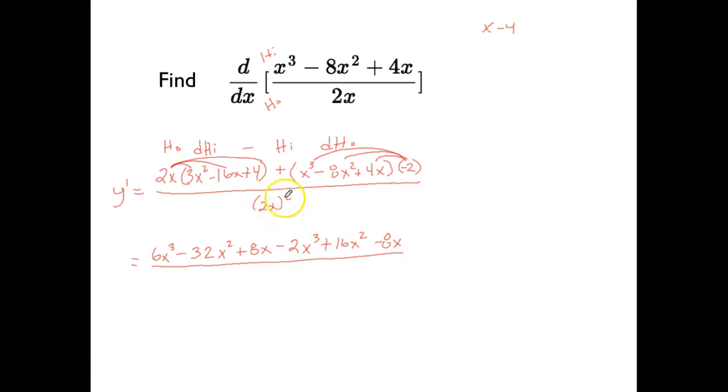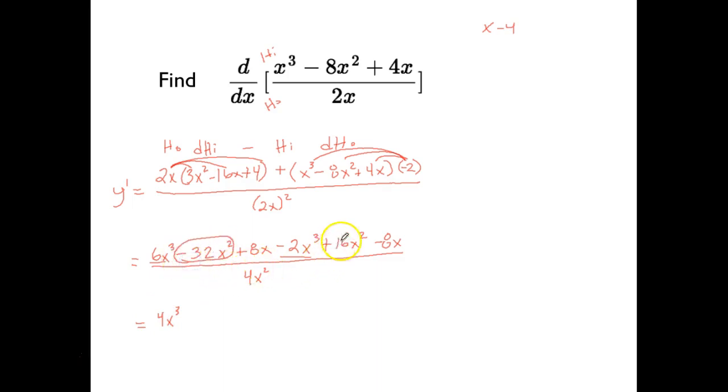Now this 2, this squared goes to both of them, so 4x squared. Okay, let's just keep simplifying here. We got to combine like terms. So the x cubed combines with this one, the negative 2x cubed. That would make 4x cubed. Okay, now the x squareds combine.